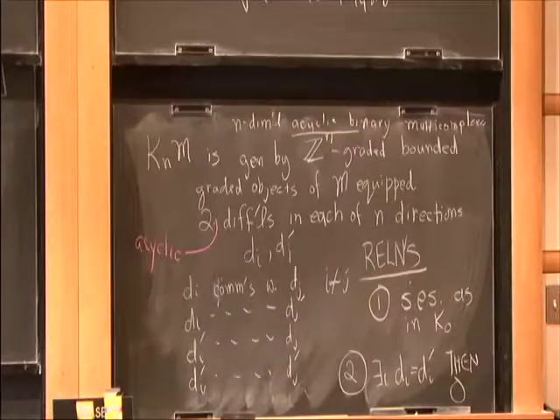Motivic cohomology from the point of view of the spectral sequence can be seen as the obstruction to representing elements of K-theory by cubes of size 1 in every direction.